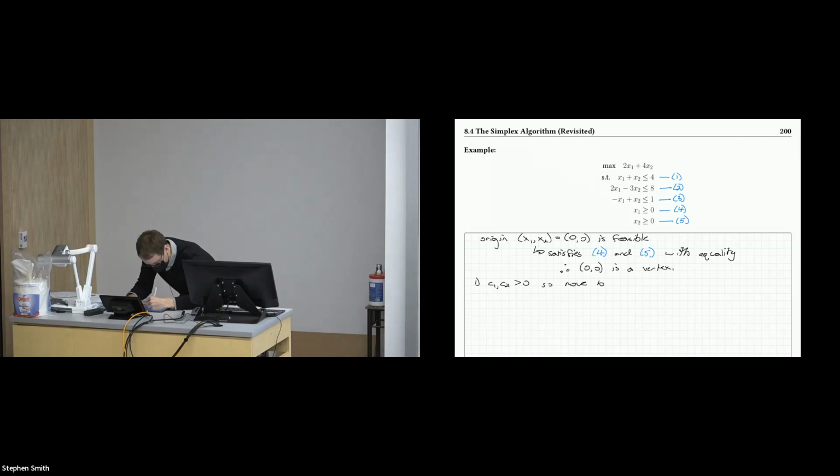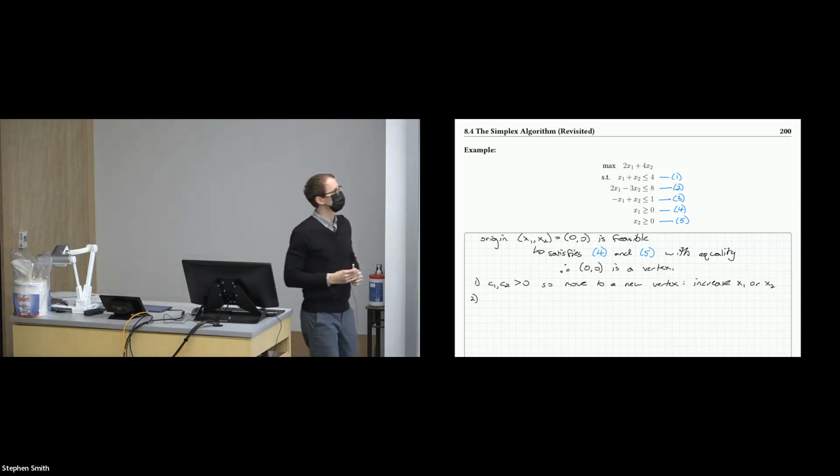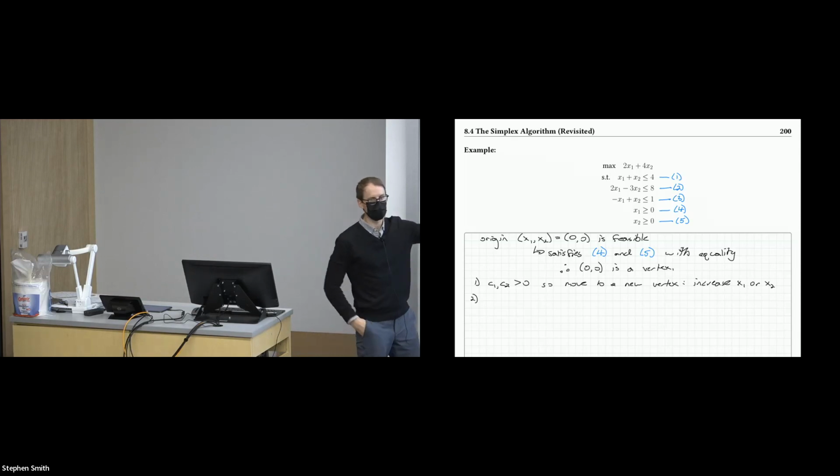So move to a new vertex. And to do that, we can increase either x1 or x2. Let's pick one. I'm going to pick x2 because it has a bigger coefficient out in front.